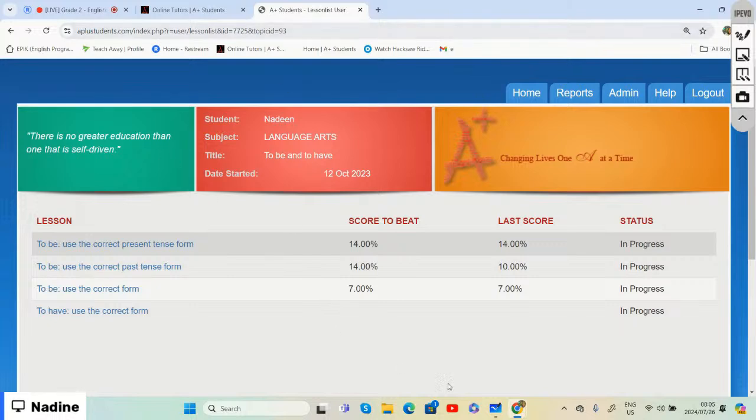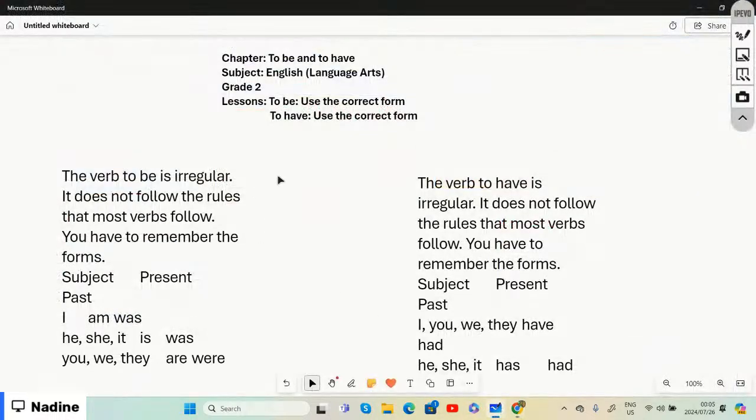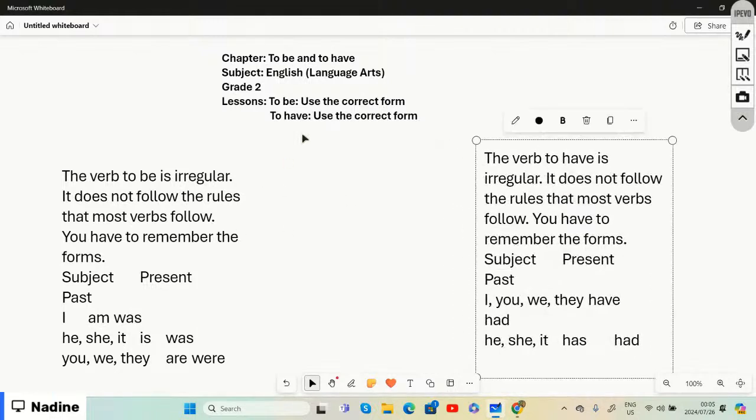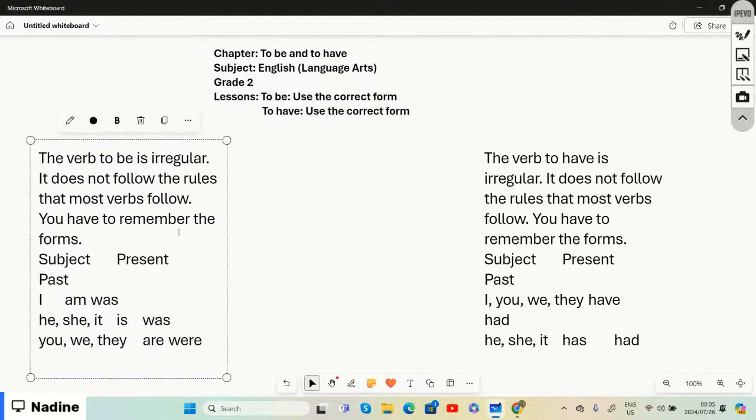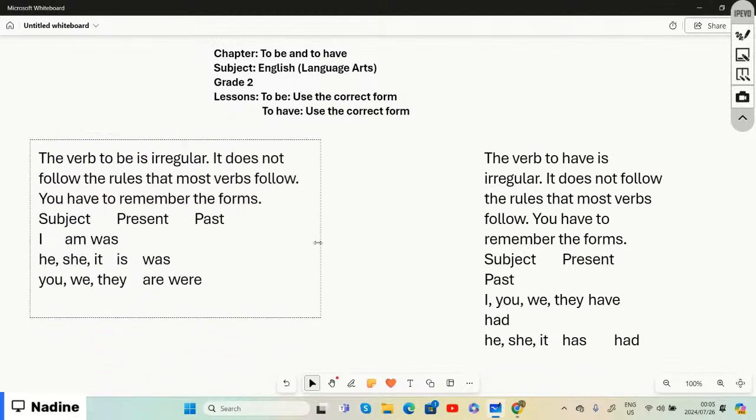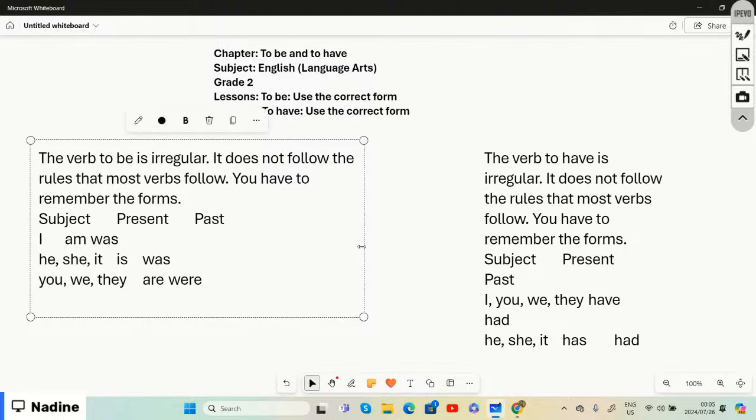All right. So our chapter is to be and to have. Our subject is English Language Arts, grade 2.